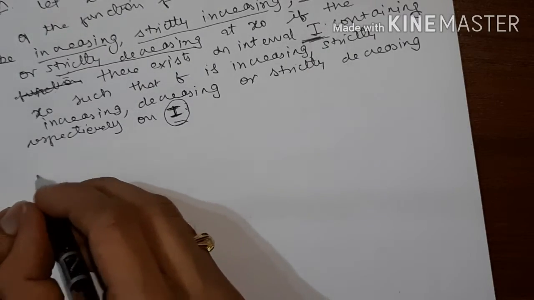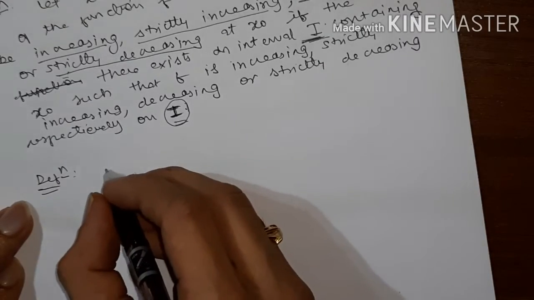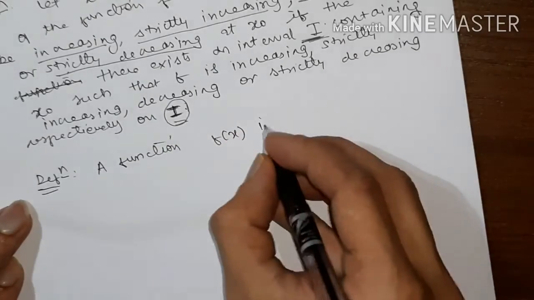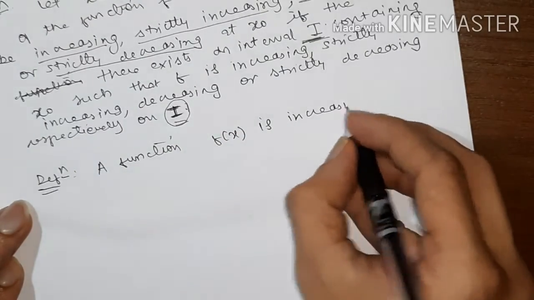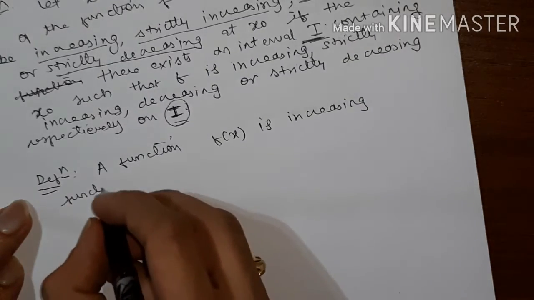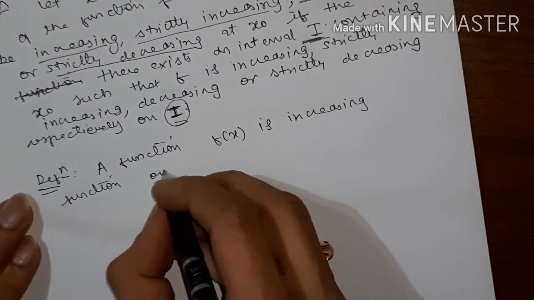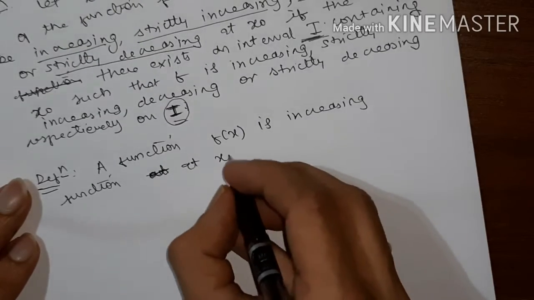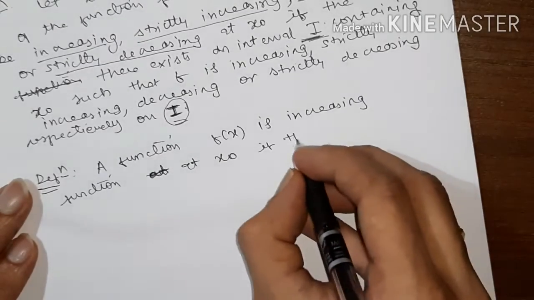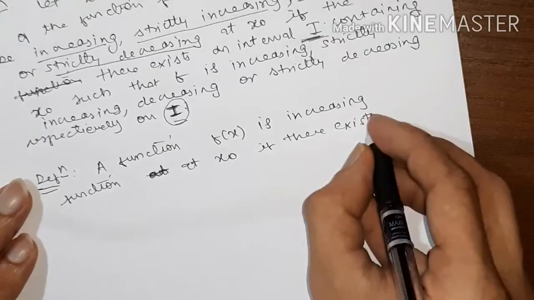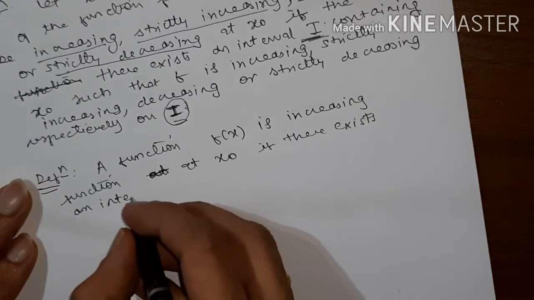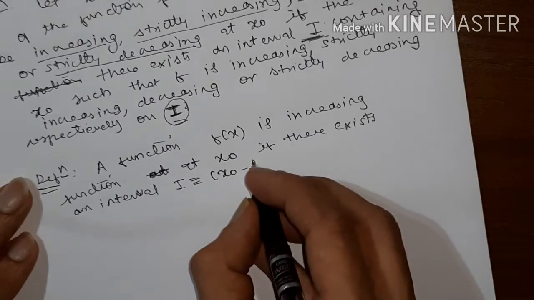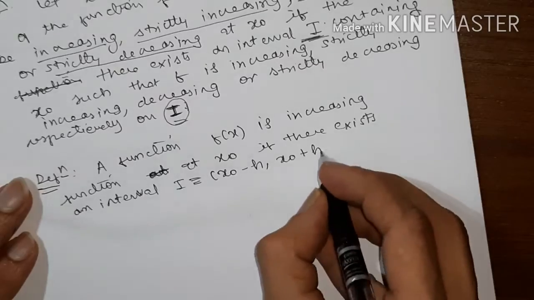One more definition you have to know here. So a function f(x) is an increasing function at x naught, if there exists an interval I, which is equal to (x naught minus h, x naught plus h).